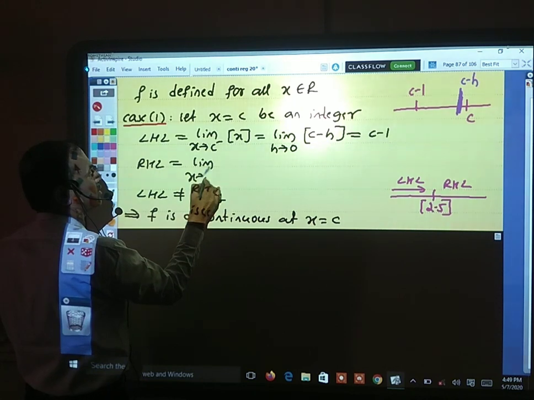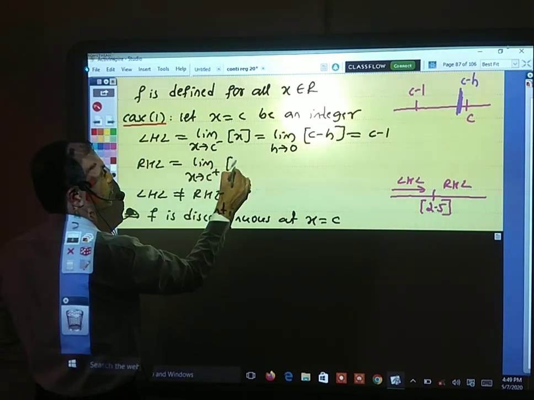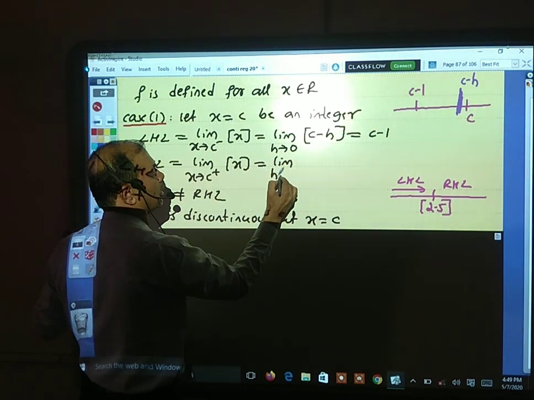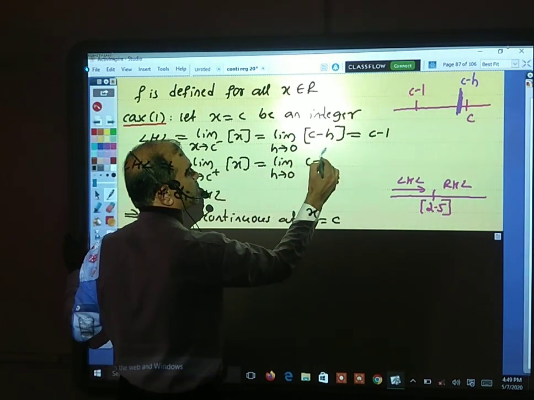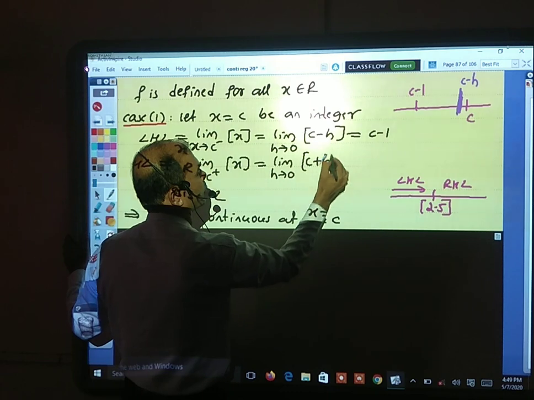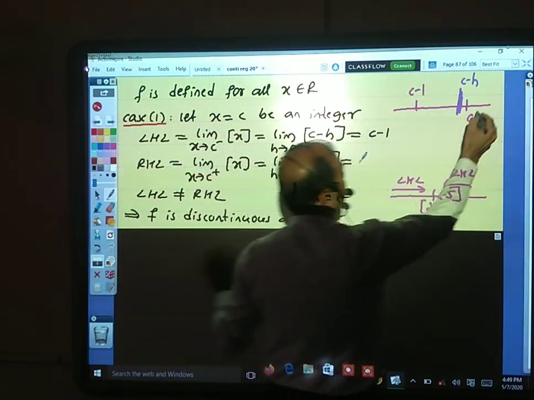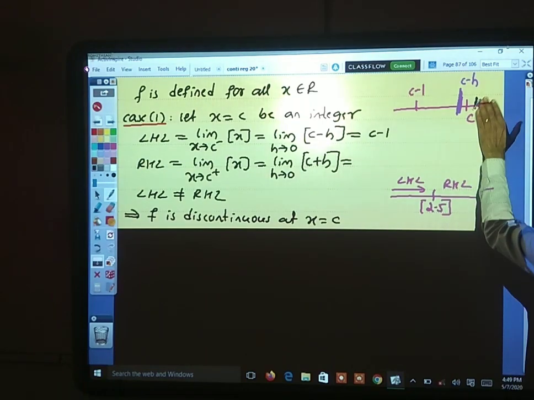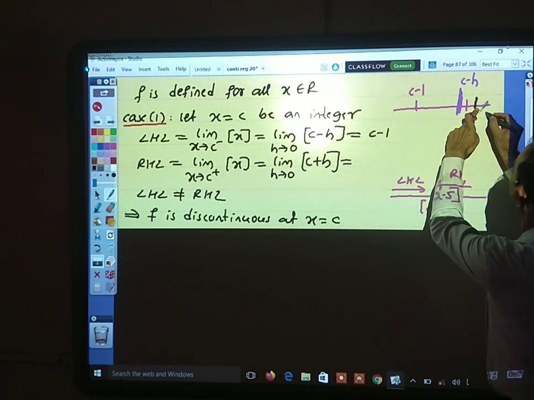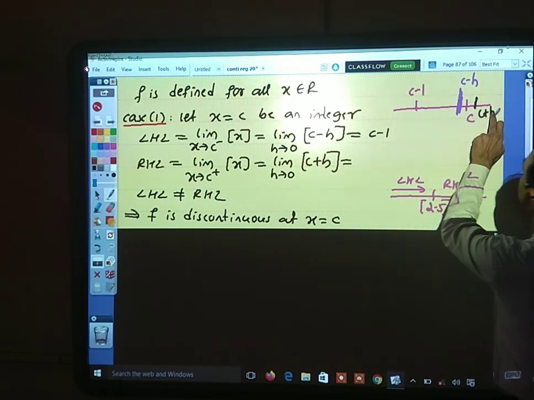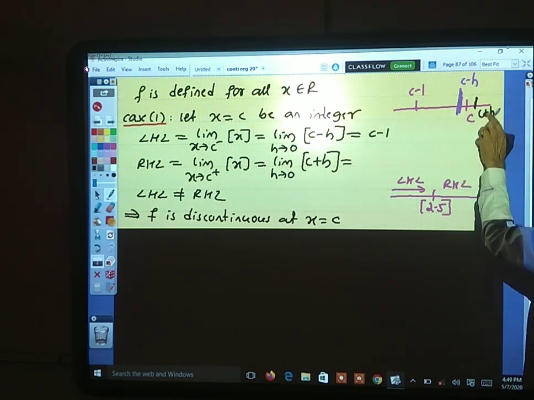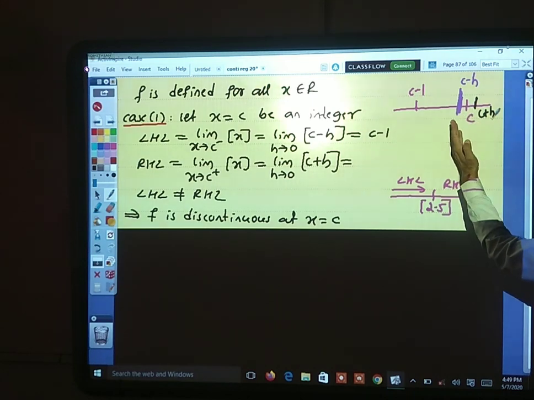RHL: limit x tends to c plus, that is limit h tends to 0, c plus h. C plus h is slightly greater than c. And what is the integer which is immediately to the left of c plus h when c is an integer?